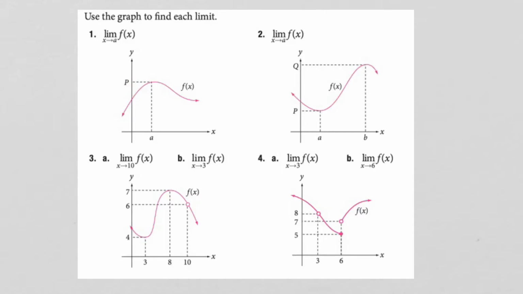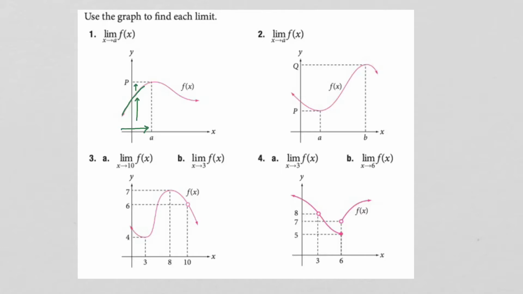So let's start here. Let's come in from the left side. I'll draw it over here. You can see we're approaching a from the left side, and as we come up this curve from the left, it looks like vertically we're coming up this way and getting closer and closer to this number p.